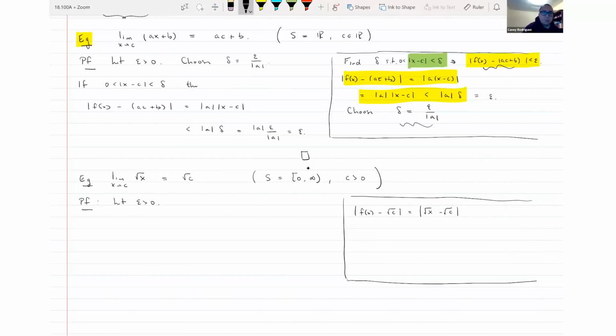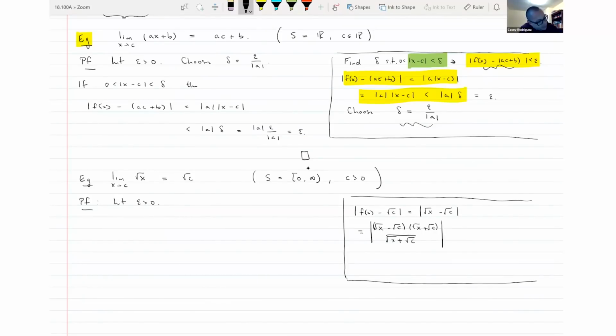And perhaps you remember from your days in calculus that whenever you see the difference of two square roots, it's a good idea maybe to multiply by 1 in a very special way, so that I get the difference of squares. So this is equal to the square root of x minus square root of c times square root of x plus square root of c, all over square root of x plus square root of c.